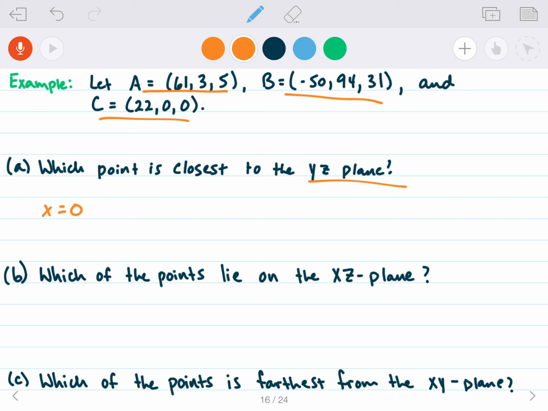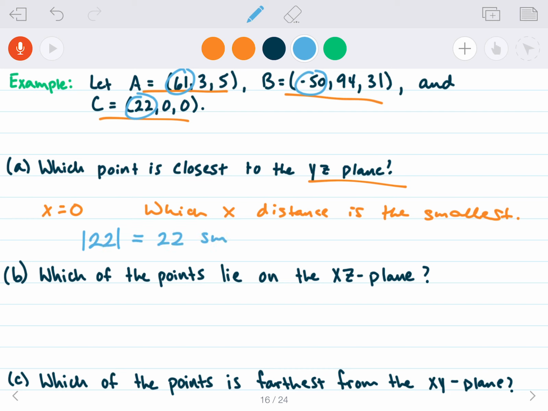So what we're trying to see is which x distance is the smallest. Okay, and so we're going to look at our x values and compare all of the absolute values of these guys, and we can see that the absolute value of 22 is 22, which is the smallest, and so our answer here is going to be A.